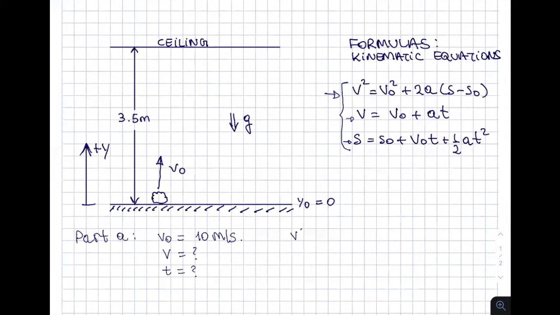So it becomes v squared is equal to v naught squared plus 2a times s minus s naught. Because in this case it's vertical, we're going to change s to y. So it's going to be v naught squared plus 2a times y minus y naught.